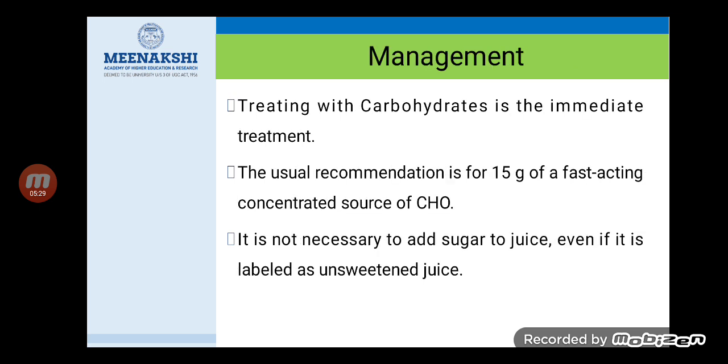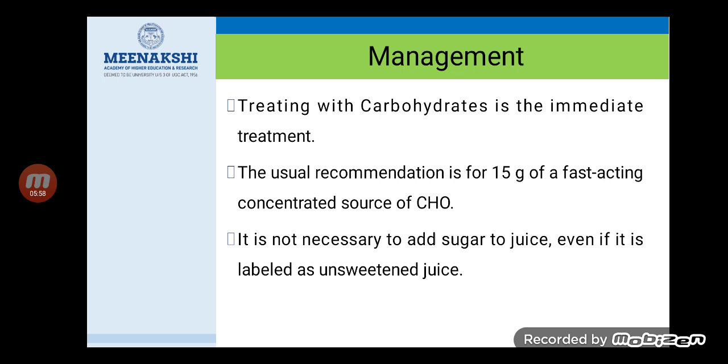Coming to the management of hypoglycemia, the best management is treating the patient with carbohydrate as the immediate treatment. The usual recommendation is for 15 grams of a fast-acting concentrated source of glucose. Usually we call it the 15-15 rule. That means ask the patient to have 15 grams of carbohydrate to raise their blood glucose and check the blood glucose after 15 minutes.